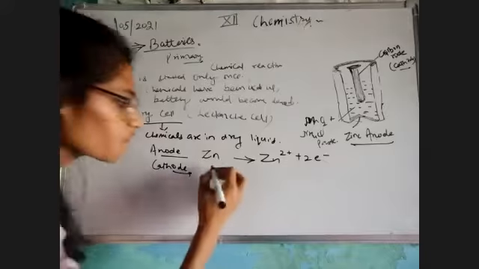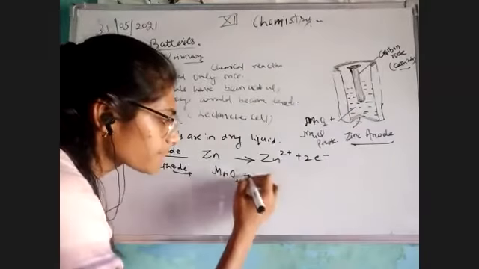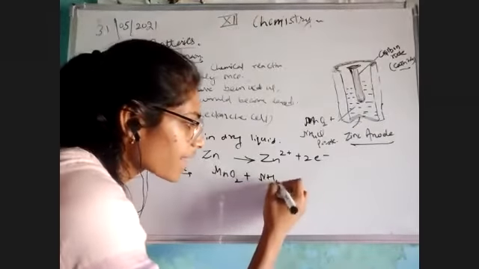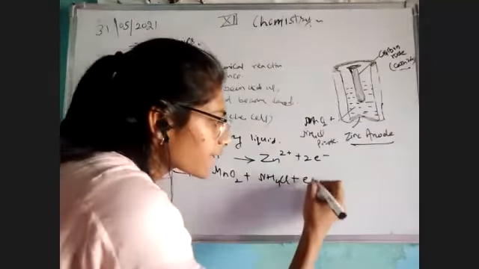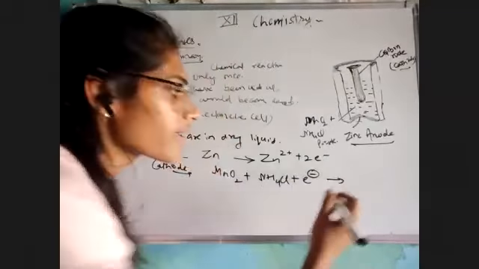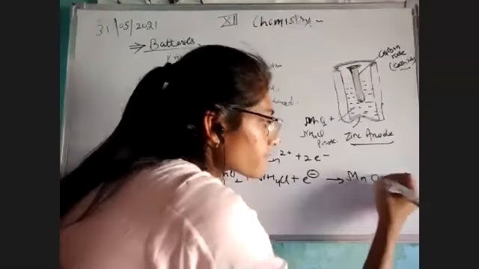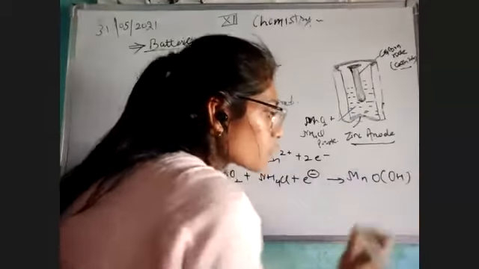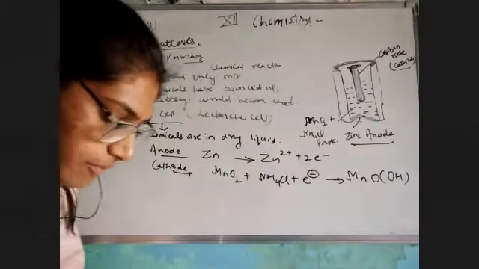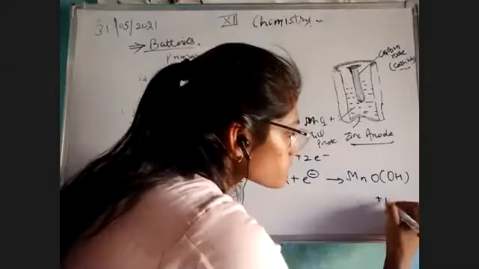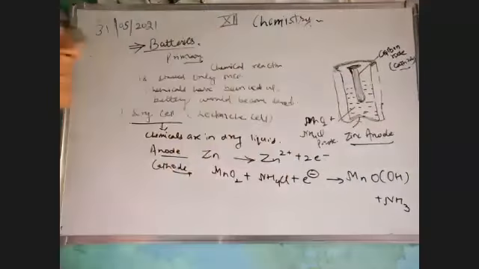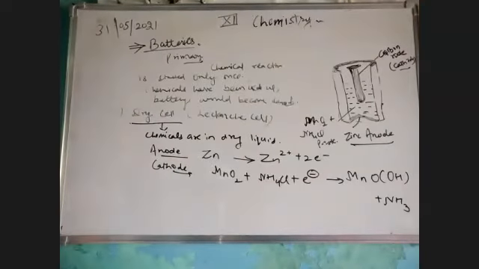So we have manganese oxide plus ammonium chloride, and they would accept the electron and make this kind of compound. We have some product. Manganese oxide is converted into another compound.